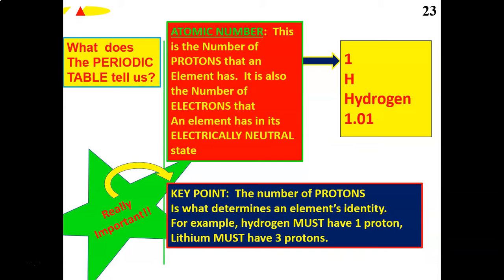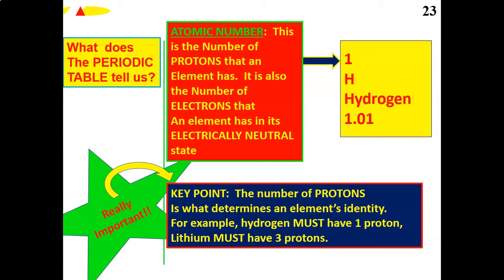So when all atoms are born, they have the same number of protons as electrons, and since they're charge balanced, same number of pluses as minuses, they're said to be electrically neutral. So that number on the top, called the atomic number, tells you how many protons an atom of a particular element has. The key point is the number of protons is what determines an element's identity.